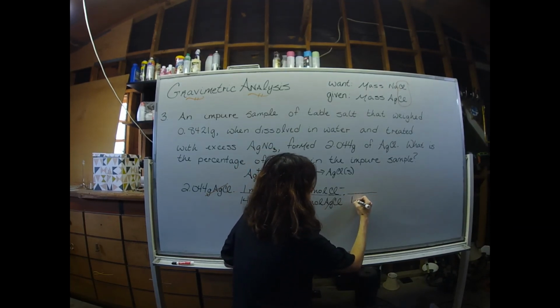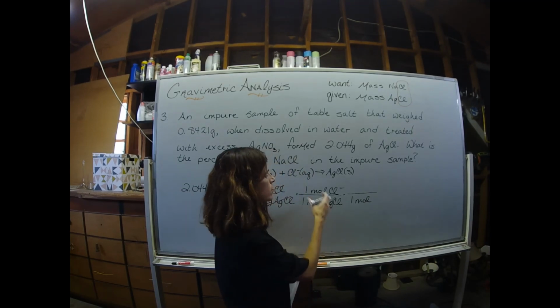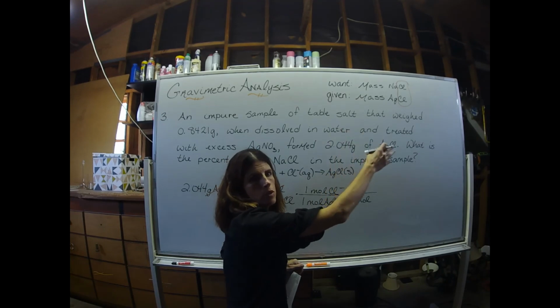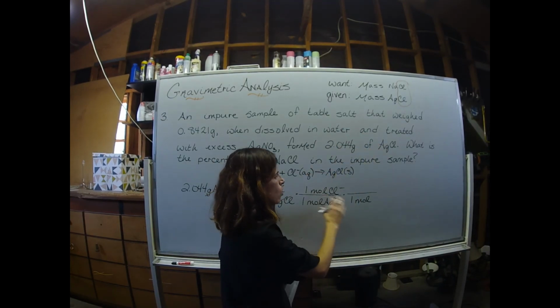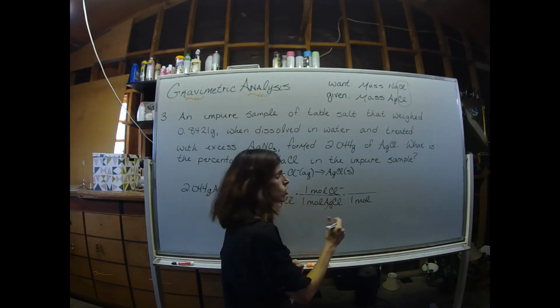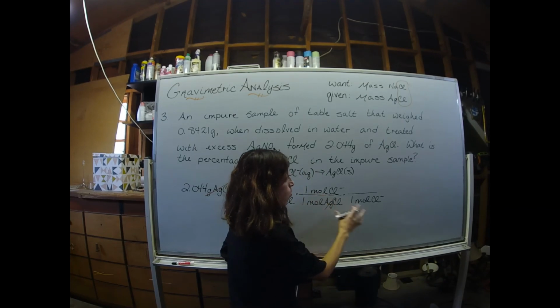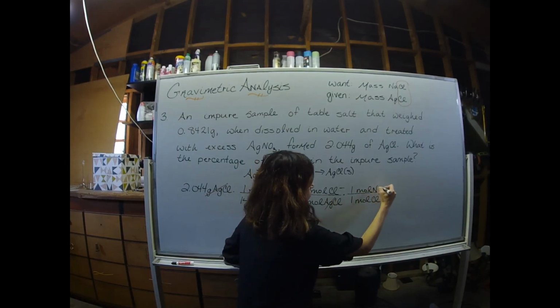So this may seem kind of redundant, but I have seen situations where it's not necessarily a 1-to-1. You might look at your formula. Oh, it's barium chloride this time. So it's going to be a 1-to-2 or whatnot. So always be careful and always check your ratios. Don't assume that they're going to be 1-to-1. So 1 mole of chloride in 1 mole of sodium chloride.